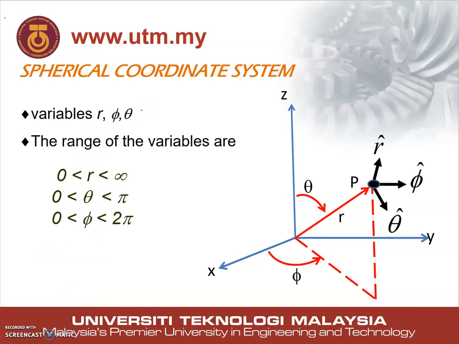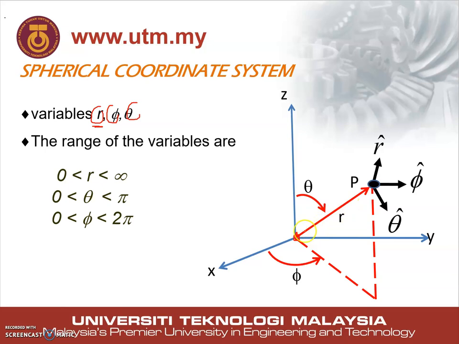In the spherical coordinate system, we represent the parameters in r, phi, and theta. So what is r? R is actually the radius from the origin.